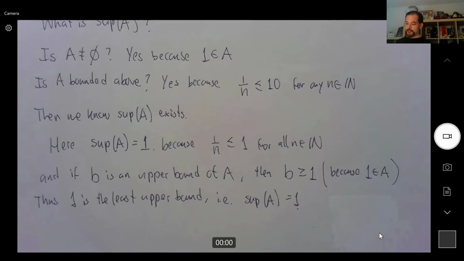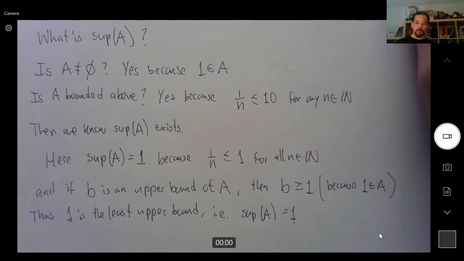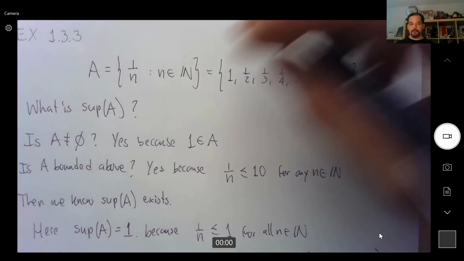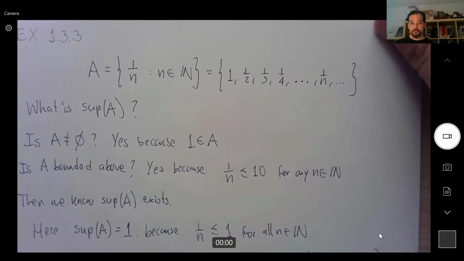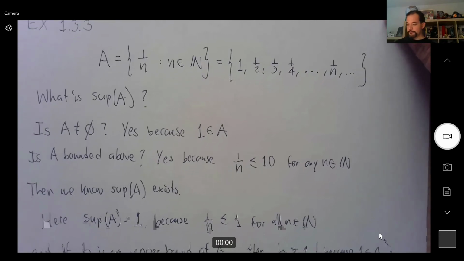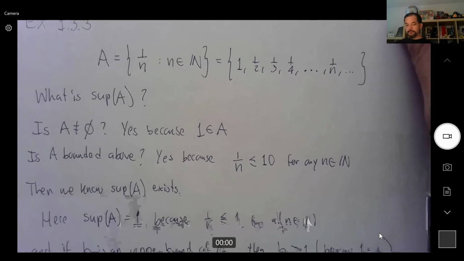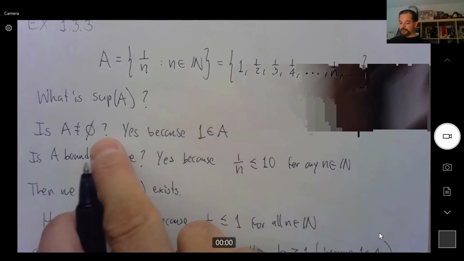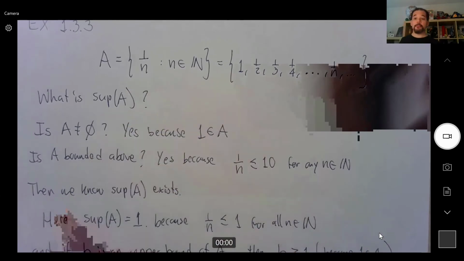Now, what about the infimum? Is there an infimum first? Is this set A bounded below? You'll never get 0. Okay, let's go step by step first. Is it bounded below? Yes. So what would be a lower bound? -5. Good. So it is bounded below and it is non-empty, so it should have an infimum.